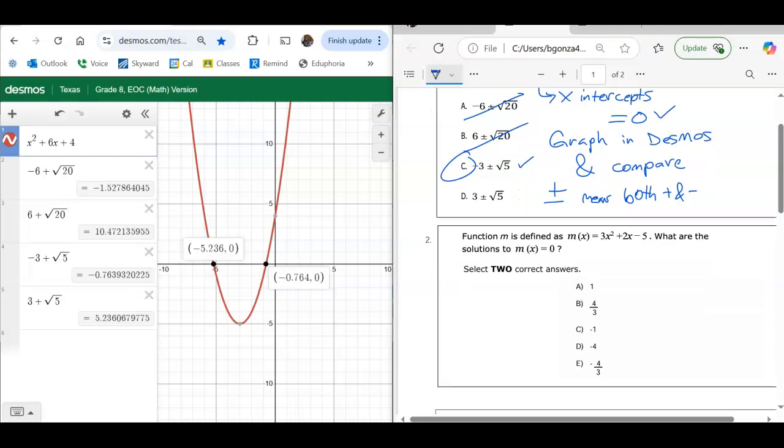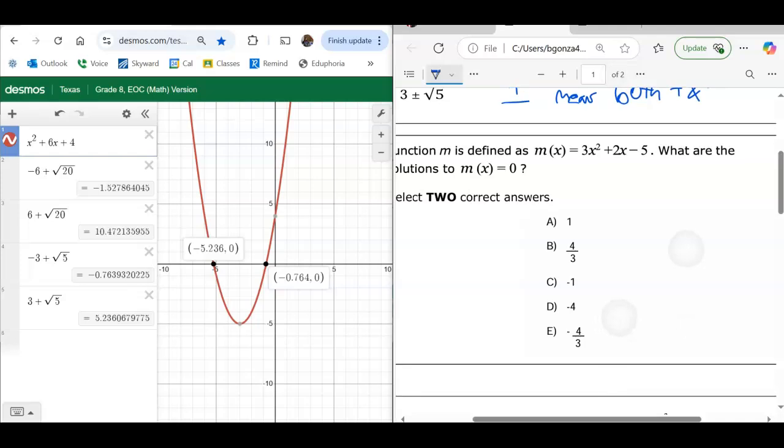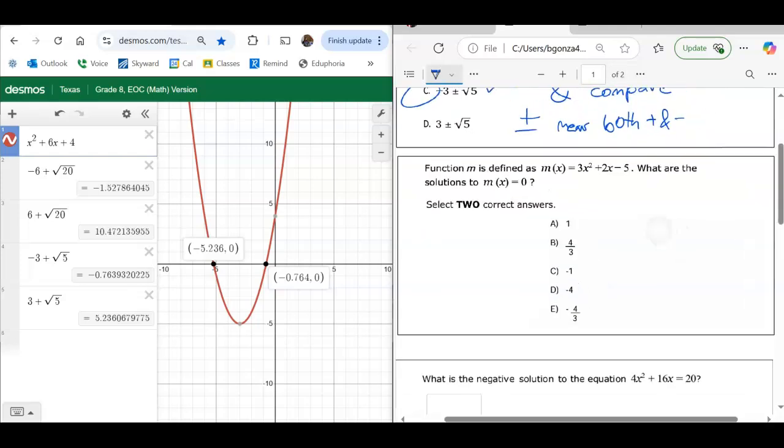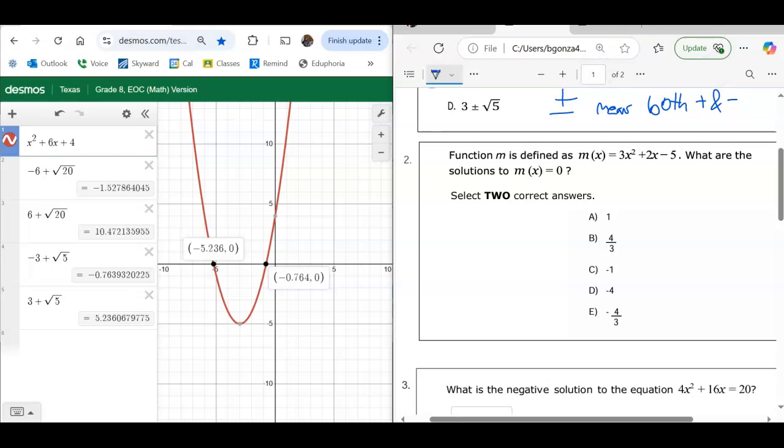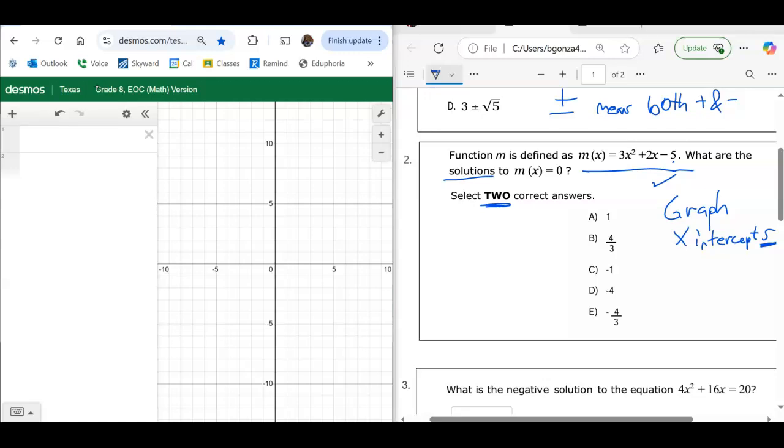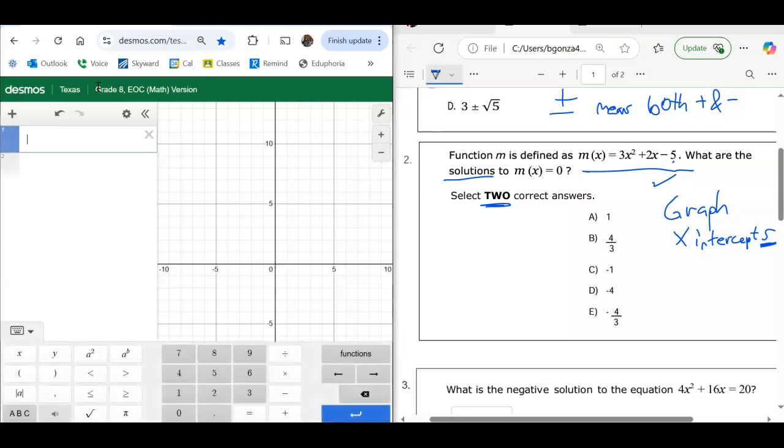All right, function f is defined here. What are the solutions? So once again, if we have this equation, this is good and ready to graph, okay? So we're going to graph and find the solutions. And again, solutions means x-intercepts, and I'm saying x-intercepts plural because there's two. I think this has an error on it. My bad. Okay. But let's go and type this in. 3x squared plus 2x minus 5.